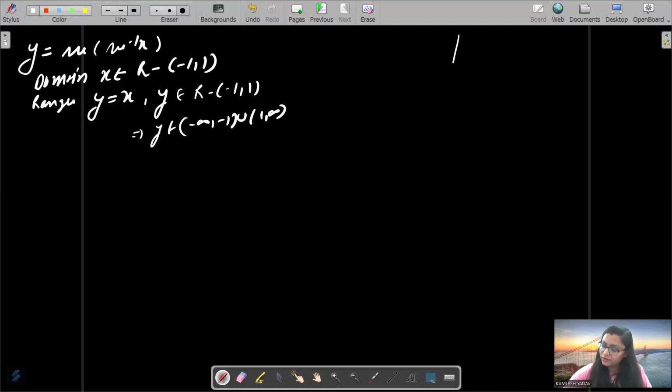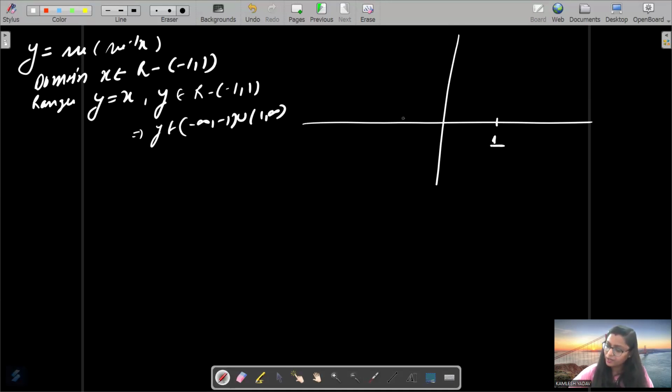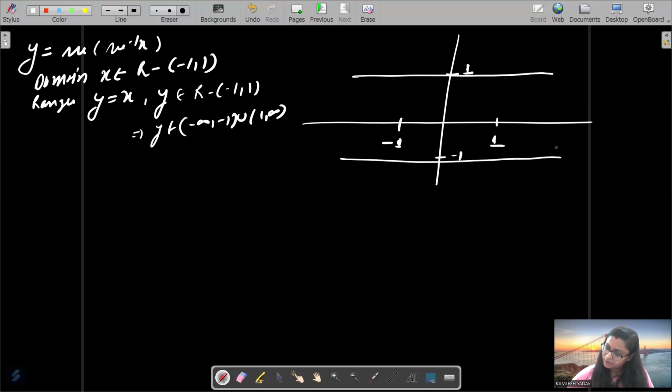Now we draw the graph of sec of sec inverse x. So first, R minus of -1 to +1. First I mention the points 1 and -1, then go for the y, similarly 1 and -1. Draw the line here like that.